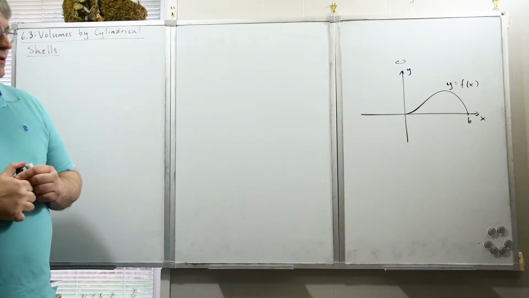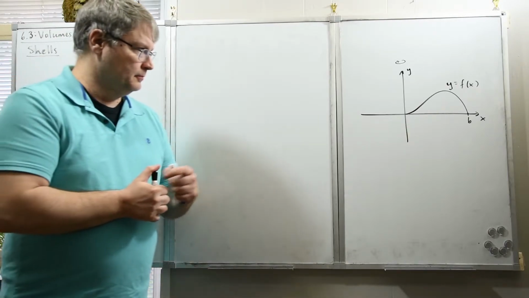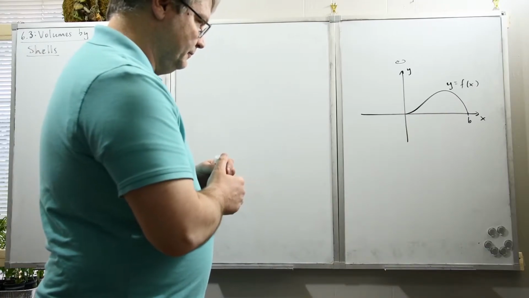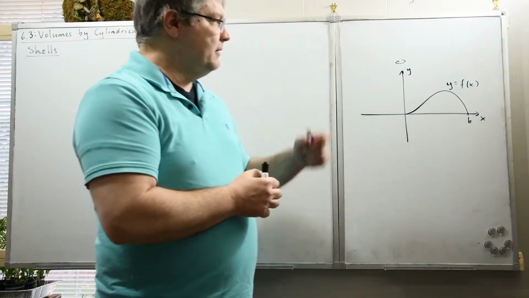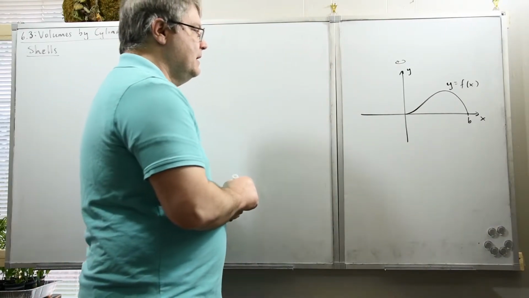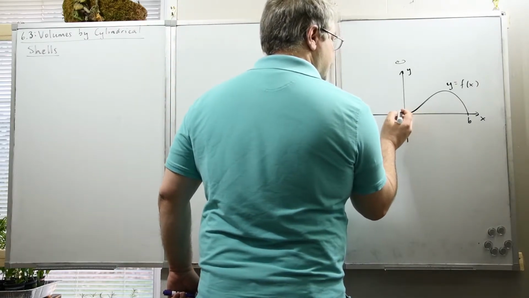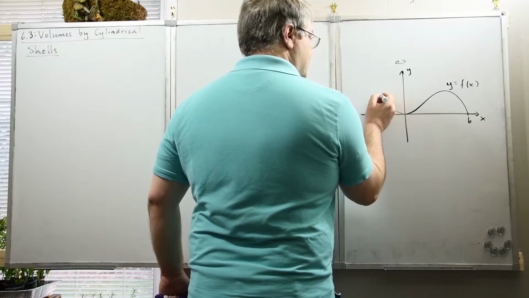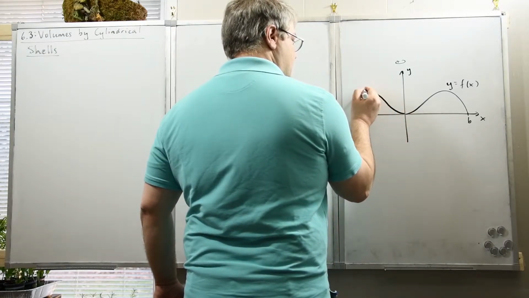Now in the previous section we took a look at the disk method and the washer method, and so in a situation like this, the kind of solid that we would expect revolving about the y-axis, we would end up using the washer method. Because if you take a look at, let's say, the mirror image of this region about the y-axis, getting a picture that perhaps looks something like this.